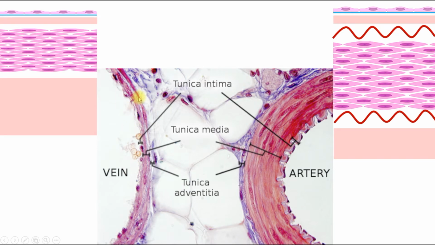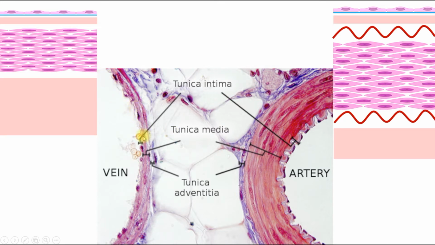Here we can see a vein, and generally veins of the corresponding order have a thinner wall than arteries but bigger diameter. Arteries have bigger thickness and a better developed tunica media, and veins have a thinner tunica media, and generally they have thinner walls than arteries. And arteries, because of the presence of elastic membranes, have a wavy contour.